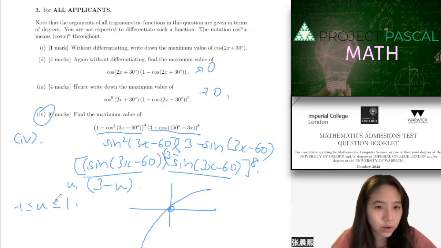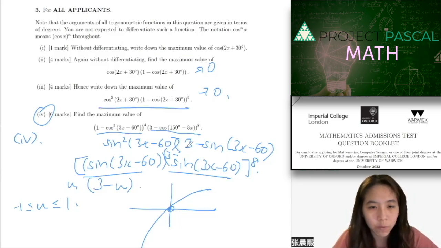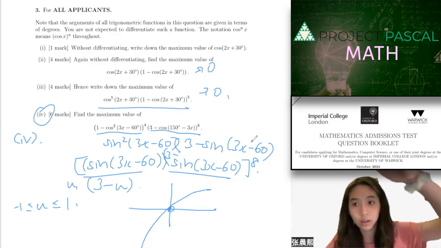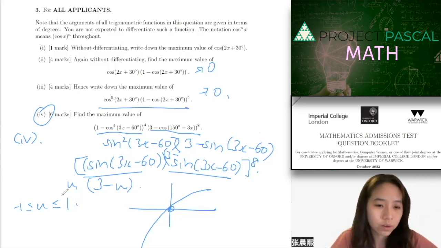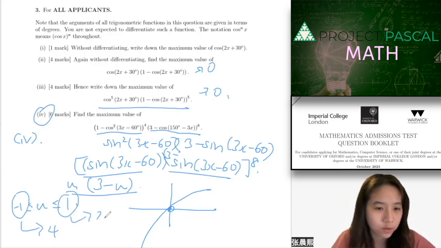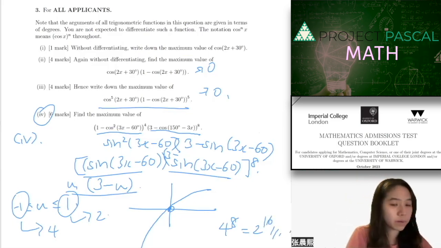So it's not like what you had before, whereby it has a maximum value at half, because it's always increasing. You notice the values matter at the endpoints only. At -1, this thing equals 4. At 1, this thing equals 2. So the maximum value is then 4 to the power of 8, which is 2 to the power of 16, and that's the answer.